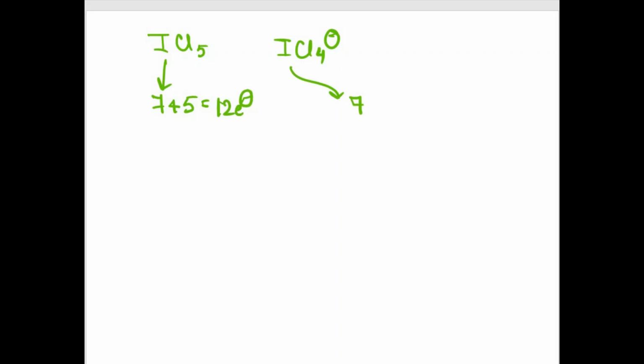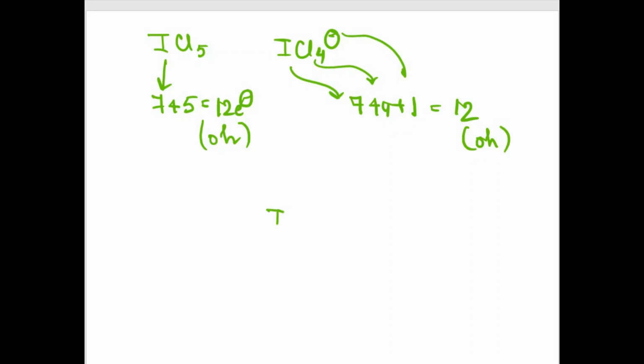And this is 7 valence electrons plus 4 substituents plus 1 extra electron. So this is also 12. Okay. Now let us draw the structures. Both should be octahedral. Right, both should be octahedral.